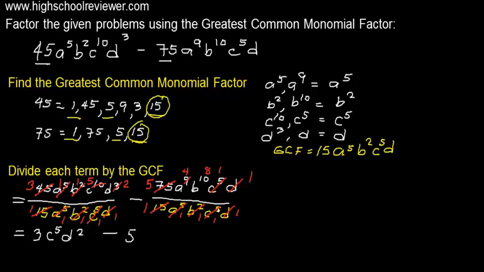And we have no denominators left, since everything now is equal to 1. And then we have here a. The exponent left for a is positive 4. And for b, the exponent left is positive 8. C and d, they are both 1. So therefore, the first term is 3c raised to 5, d raised to 2, minus.